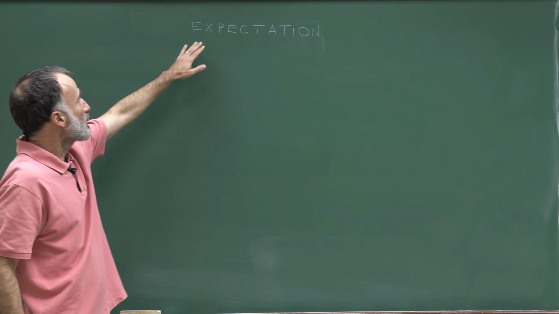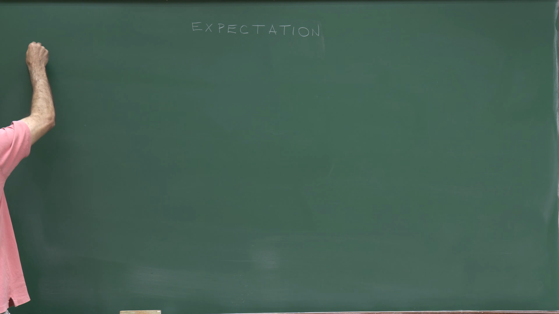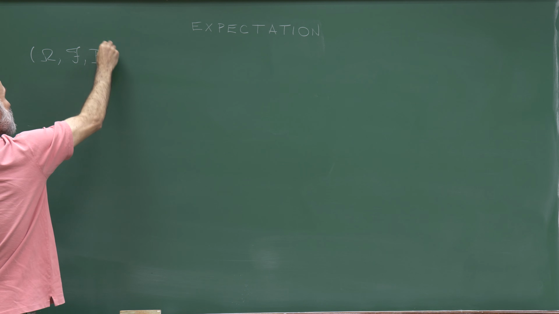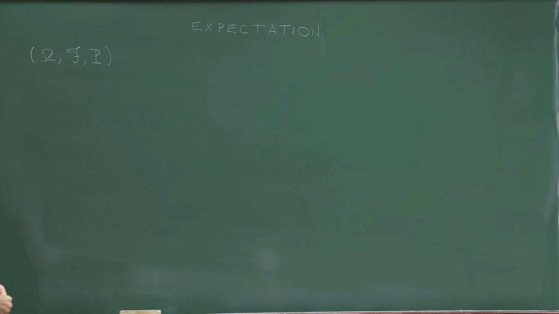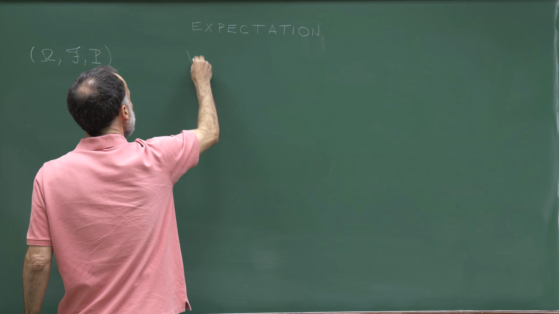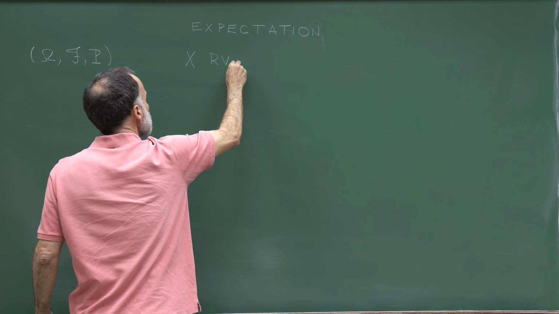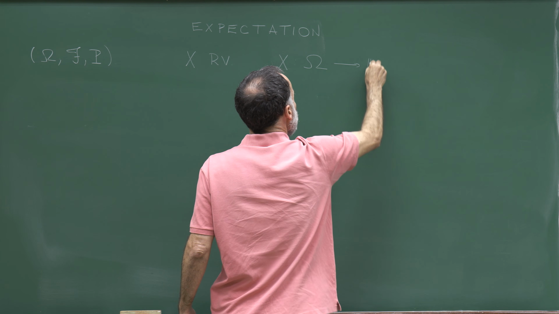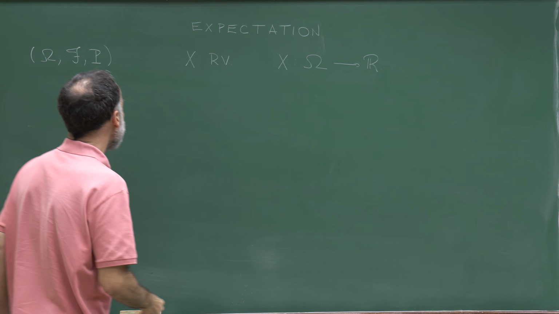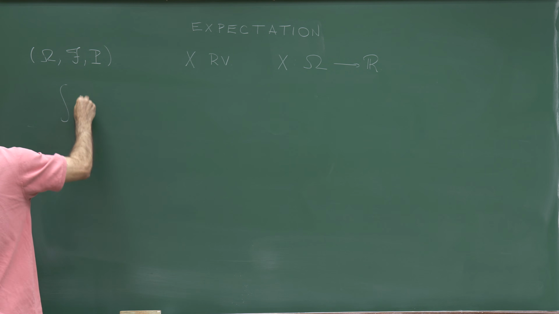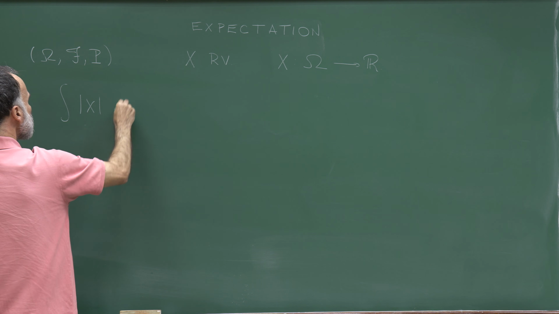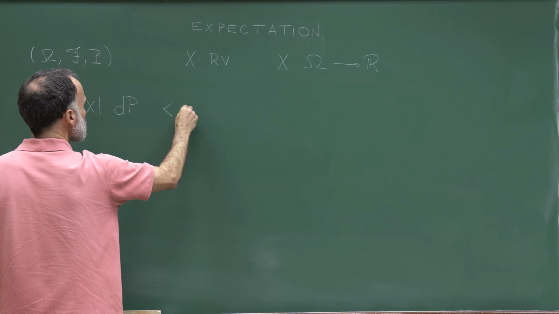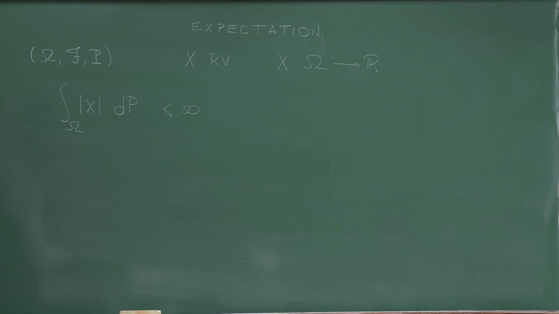I will now define the expectation of a random variable. So we are working on a measure space (omega, F, P), and we have a random variable x. So x is a function from omega to R which is measurable. I will assume that x is integrable with respect to P, so that the integral of the absolute value of x is finite.